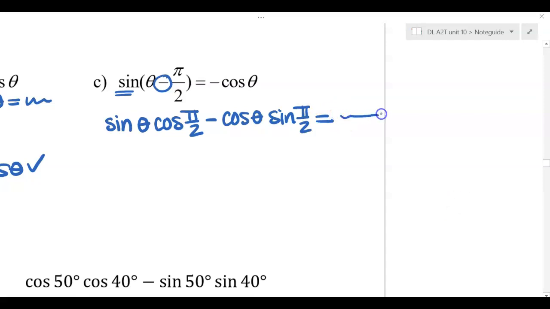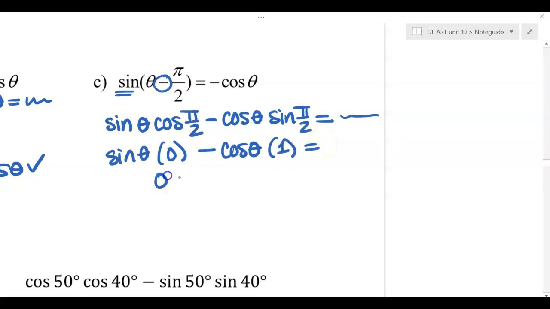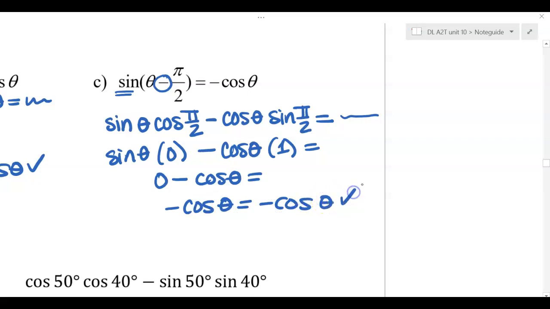So as I go through and do this, sine of theta is sine theta. Cosine of pi over 2 is 0. Cosine of theta, sine of pi over 2 is 1. So this would be 0 minus cosine theta. And so that would equal negative cosine of theta, which is what I was trying to show it was equivalent to on the other side.